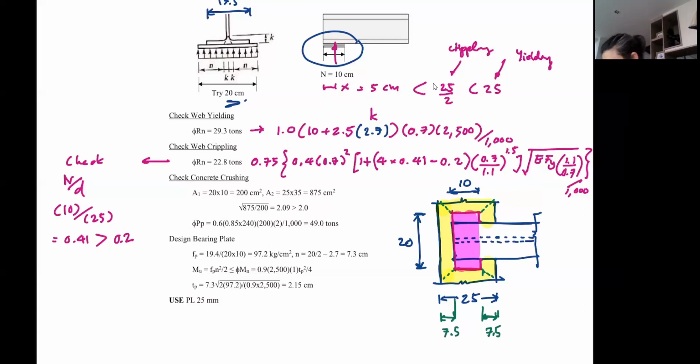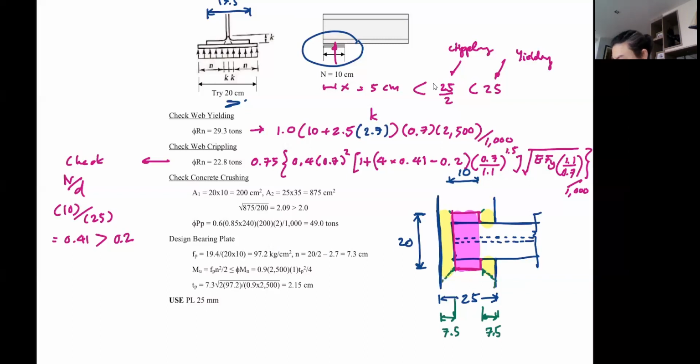Now let's erase that. Let's try to make this shape more practical. Okay, all right, this is my concrete beam. And I have to make sure that the A2 is concentric with the A1.